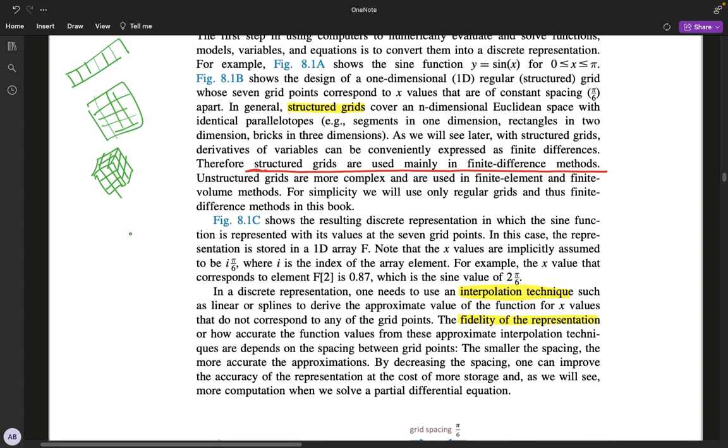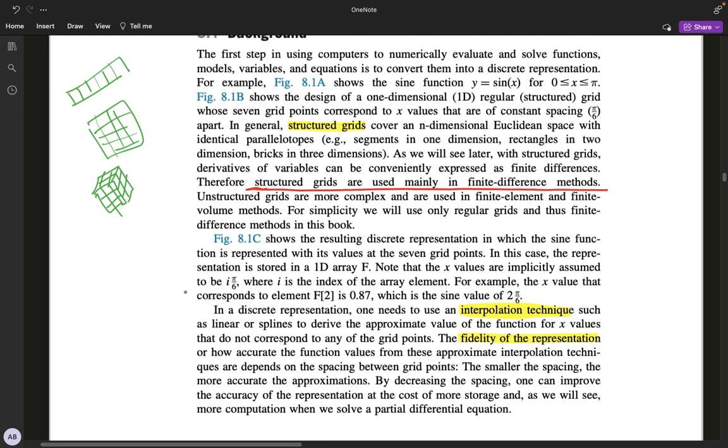And stencil computation, this technique particularly, is used for solving partial differential equations. I haven't ever used this myself, but from reading I understood that it's used in solving partial differential equations.